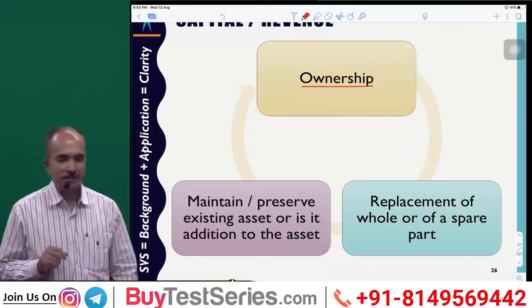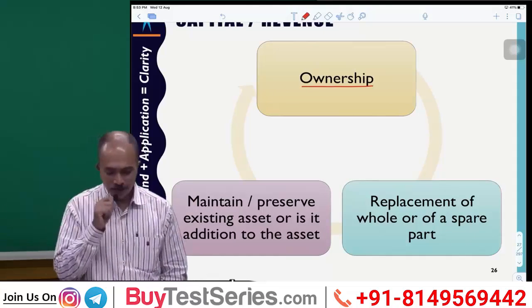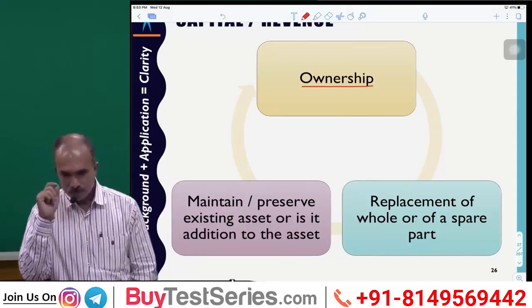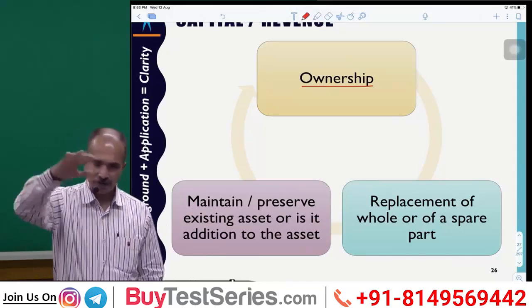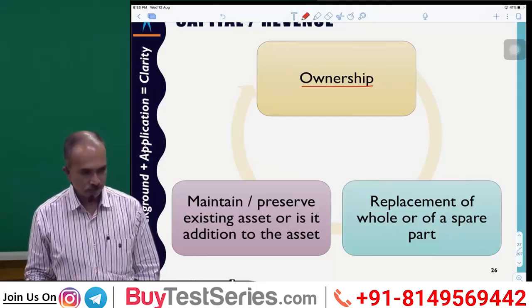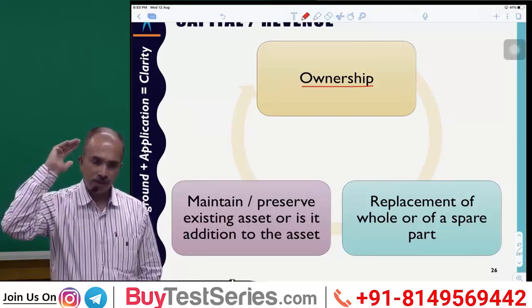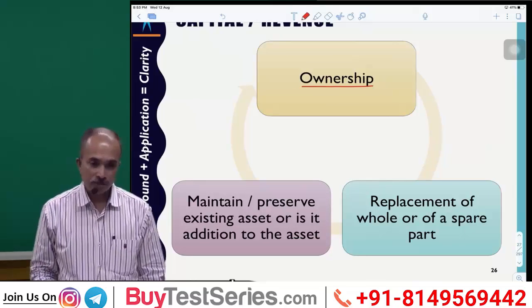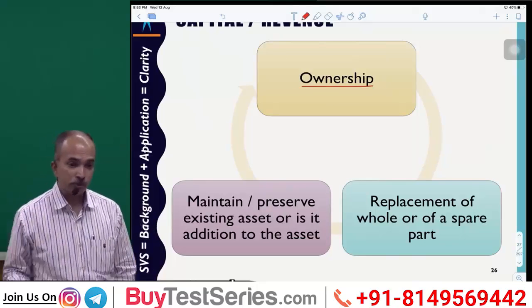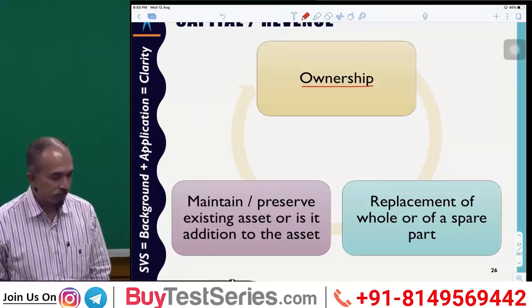Things become very interesting. Take another case. As a taxpayer, you have a factory. It has got a tin roof, asbestos roof. But you know, asbestos roof is not supposed to be used. It causes problems.